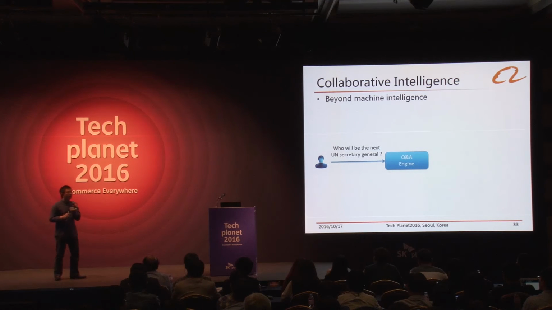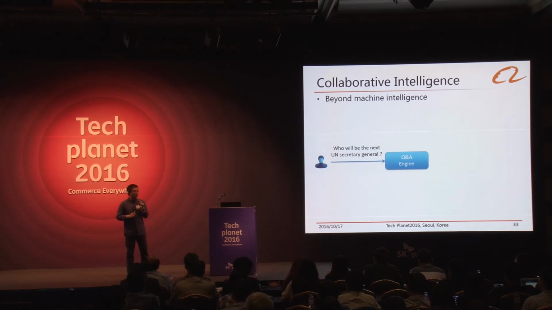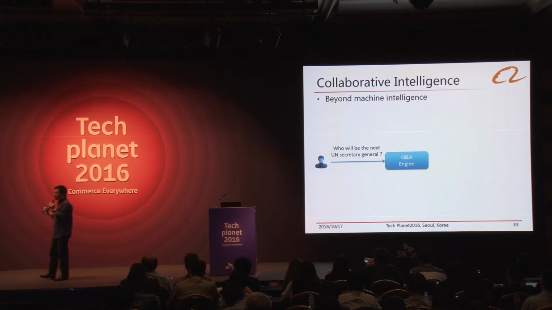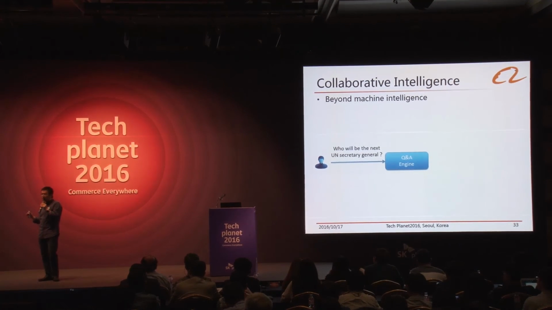Essentially, all these efforts restrict their focus to extracting the best capacity out of the machine. Now, for a platform like Alibaba, we not only have a tremendous amount of data accumulated over years, we also have the computational power, but more important, we have 500 million people behind that platform.